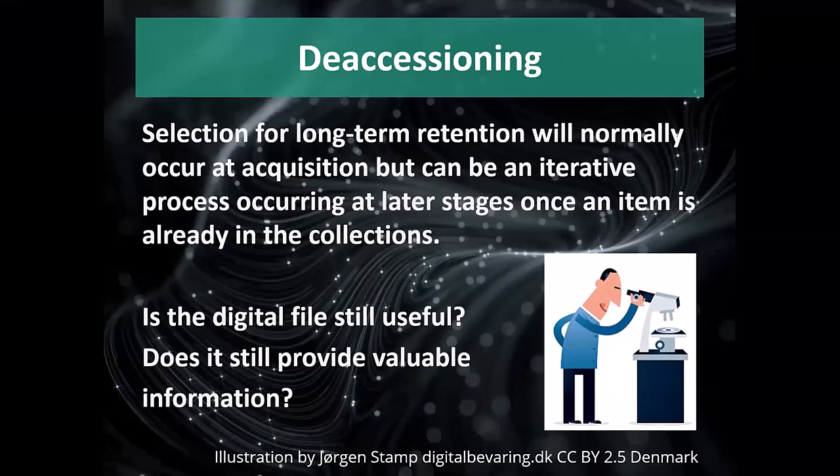For example, you might periodically, every 5 to 10 years, give a review of all of the digital content that you've got and decide whether any of that no longer holds value. So depending on how well it still matches the collection policy, what the costs are for storing that item, how valuable it is compared to the rest of the collection, there may be cases where even in the medium term, you change the policy and decide you are no longer going to keep that digital file.